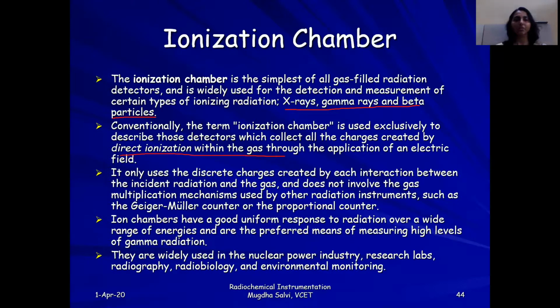Okay, so the second last point, ion chambers have a good uniform response to radiation over a wide range of energies and are the preferred means of measuring high levels of gamma radiation. They are widely used in the nuclear power industry, research labs, radiography, radiobiology, and environmental monitoring.